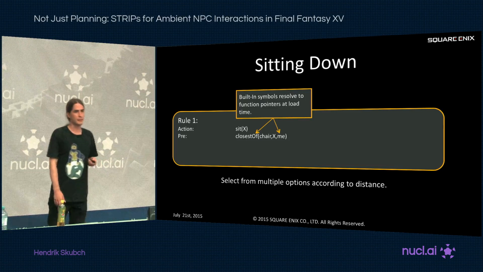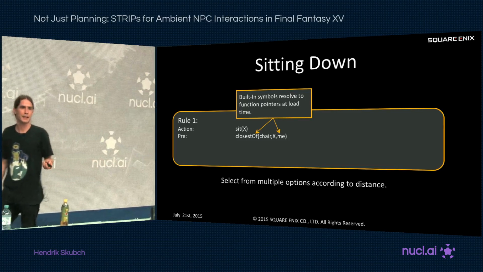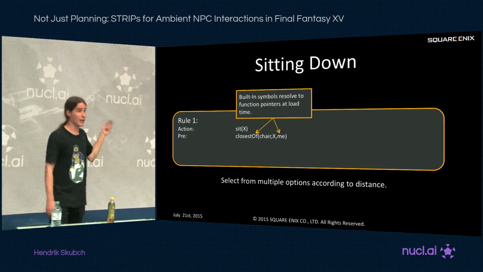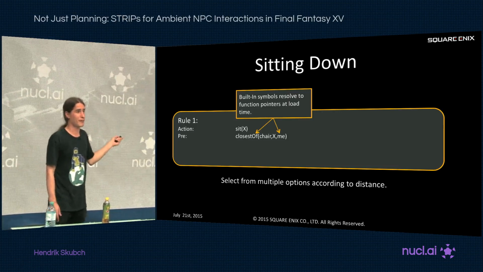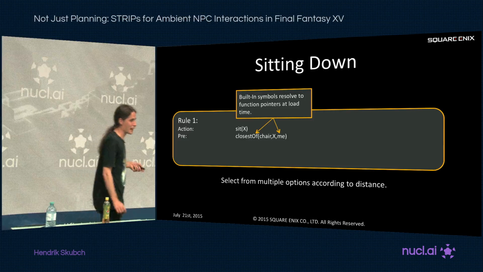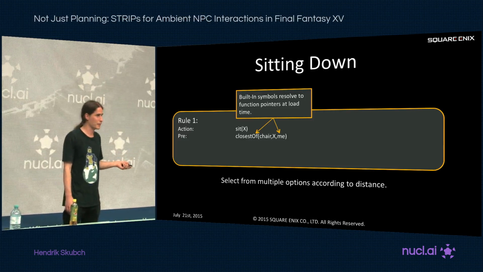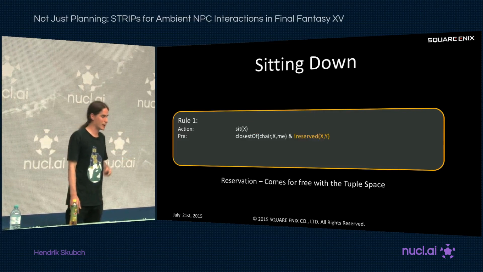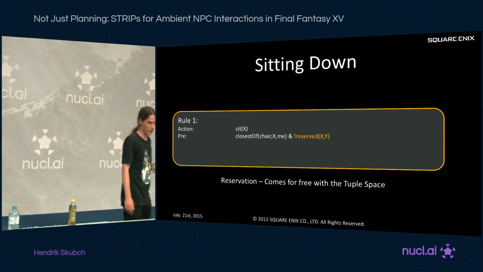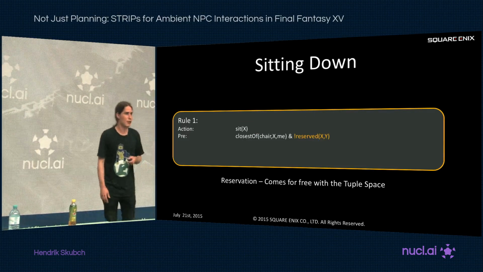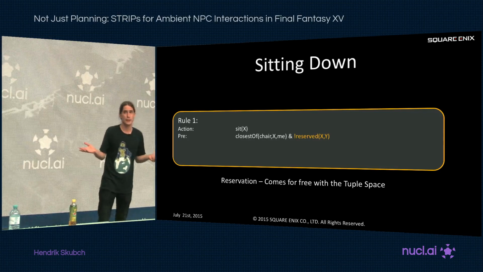So that's nice, but still not quite what we need. We need to make sure that there is actually no one sitting on that chair. Furthermore, we need to make sure that no one has the intent of sitting there. So what we need is a reservation system. Let's just write that down. That chair thing X should not be reserved by anyone.